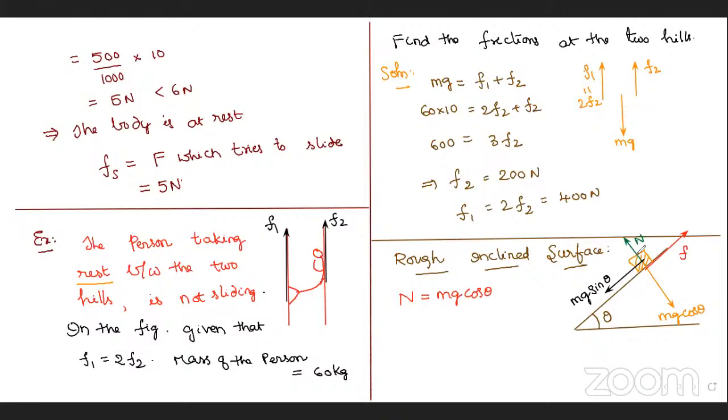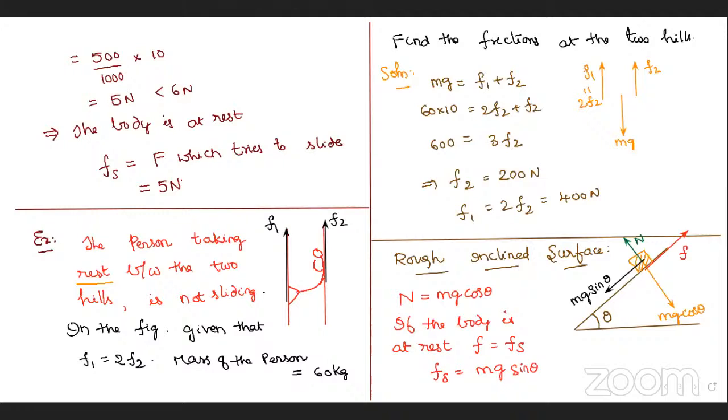And if the body is at rest, then F is Fs, static friction. Static friction is always equal to the applied force. The force which is sliding is mg sine theta. So Fs is equal to mg sine theta.